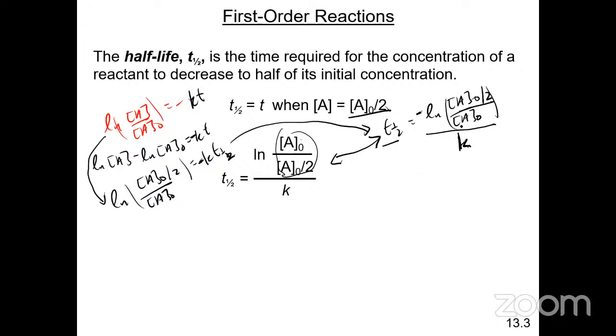So in any case, continuing, the initial concentration of A will cancel out, and this simplifies to ln 2 over K. The same thing would happen if you use this equation here.